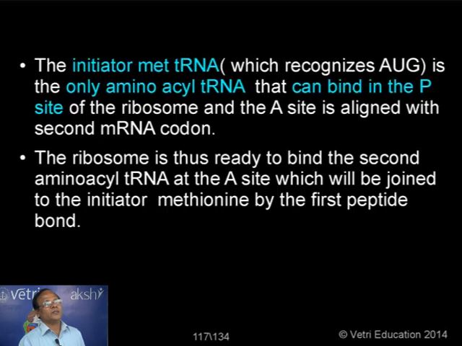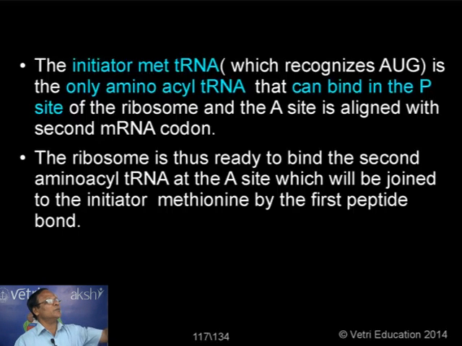All other amino acid tRNAs bind with the A site. Simply we can say all other tRNAs with amino acids normally bind with the second site, the A site. The only amino acid tRNA which can bind directly with the P site is methionine tRNA.